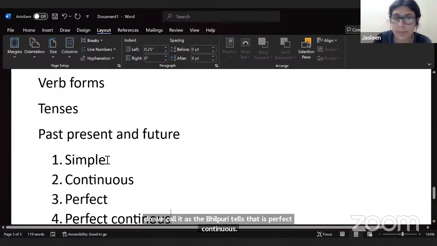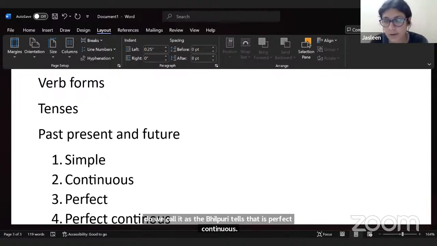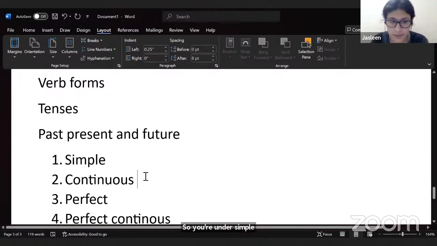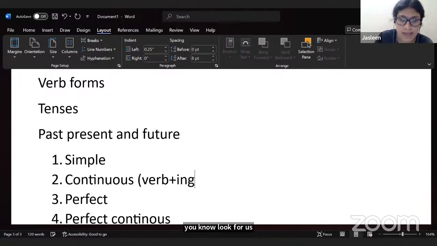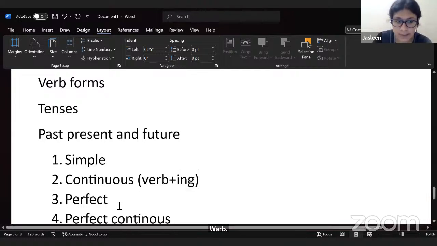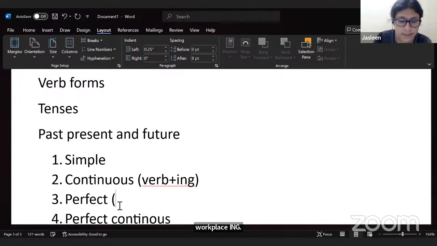So under simple, you'll have the simple form of tense. Under continuous tense, one thing that you have to look for is verb plus ing. Under perfect tense, one thing that you have to look for is had, have, or has.